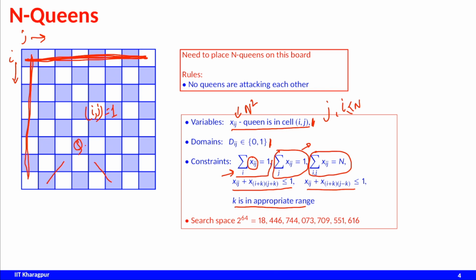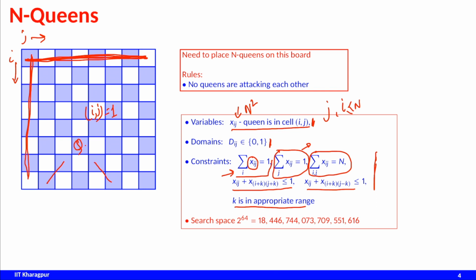So if we put this set of constraints, then we can give this set of constraints to a solver, and the solver will give us the solution. For today's lecture, we are not going to see how to solve this one, but how to model different problems using this constraint satisfaction way.